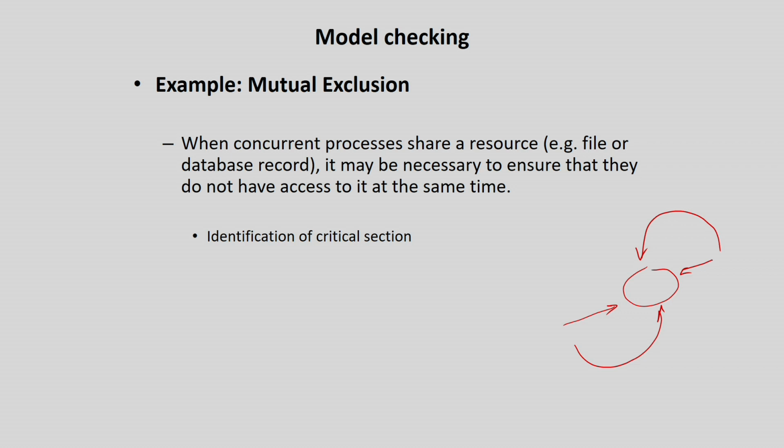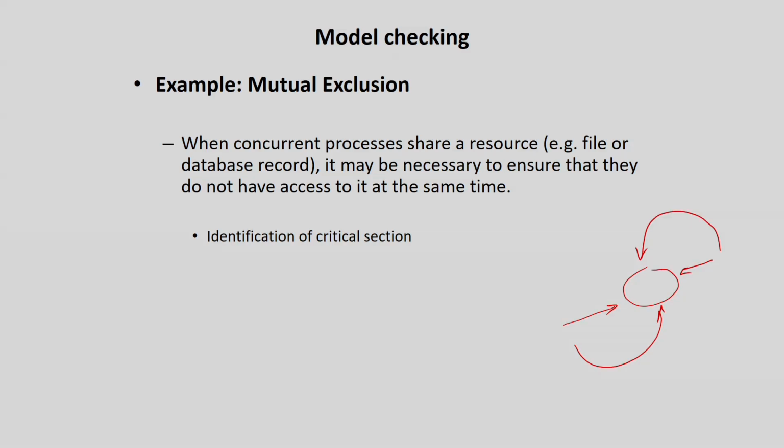For that we are talking about the identification of the critical section. What is a critical section? If in a process a shared variable or shared resource is modified by a particular entity, then we can say this is the critical section, because if someone is doing some modification, then others should not disturb at that particular time.